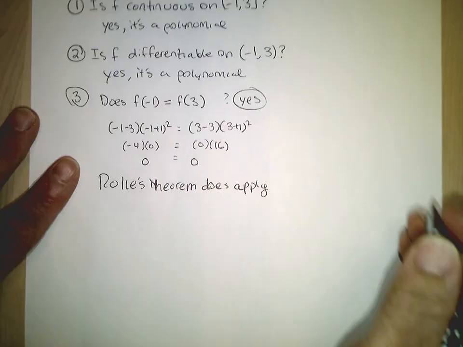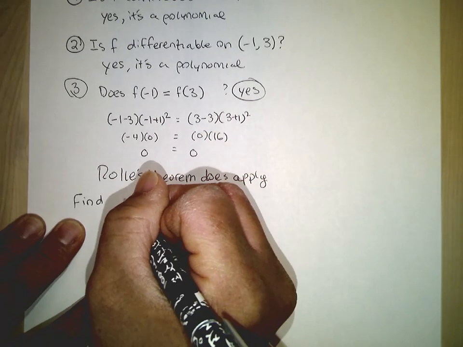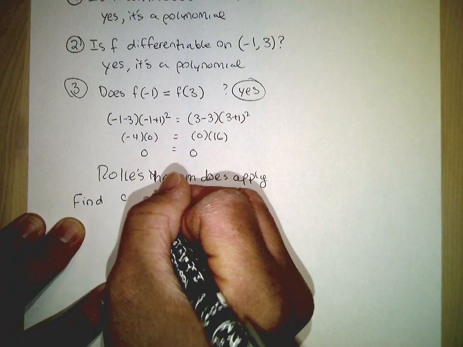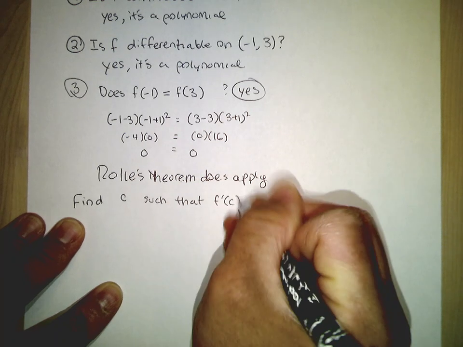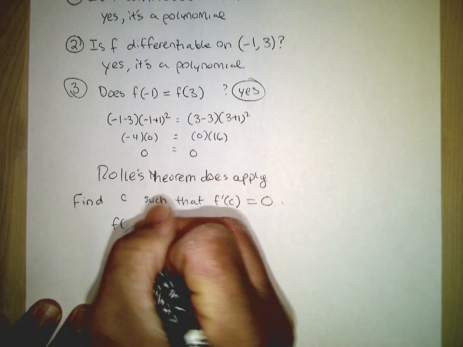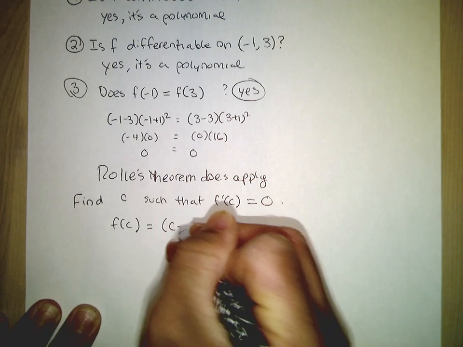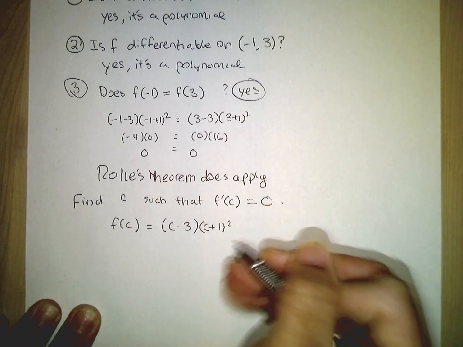So now we want to find c such that f prime of c is equal to 0. So f of c is c minus 3 times c plus 1 squared.